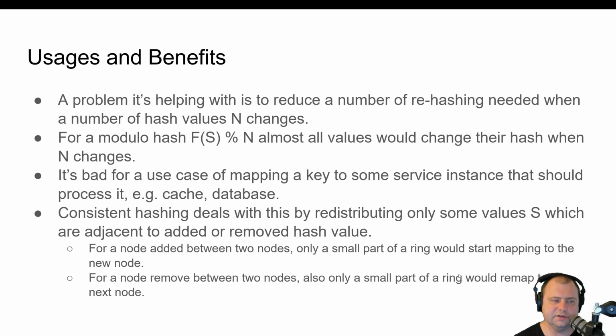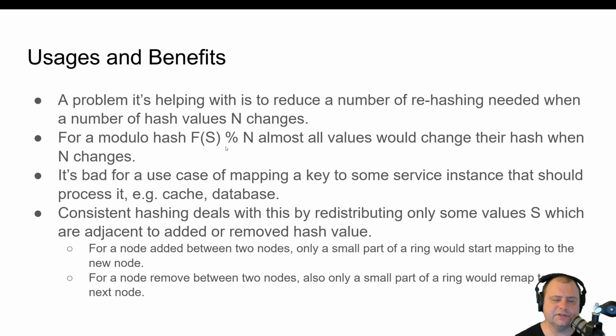So what are the usages and benefits? The problem it's helping to solve is reducing the number of rehashings needed when the number of hash values n changes. For modulo hash, some function of s modulo n, almost all the values would change their hash if n changes. So why would that be a problem?